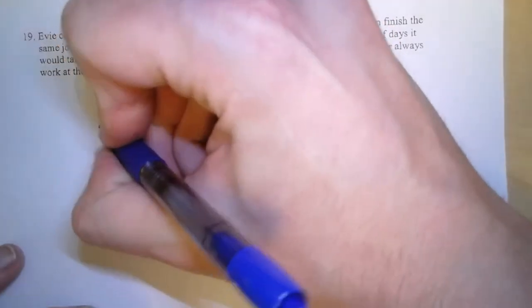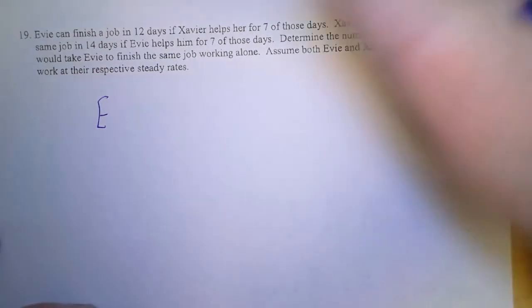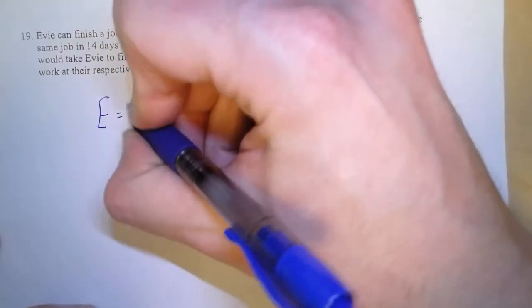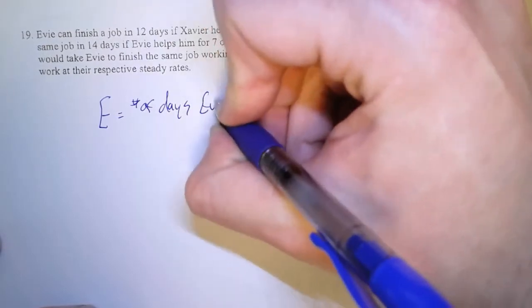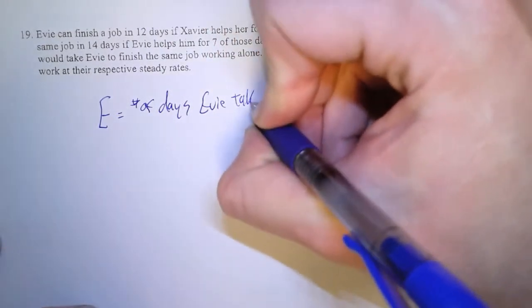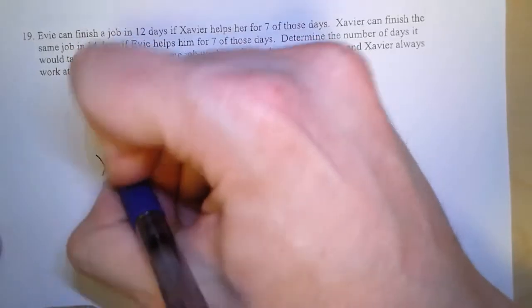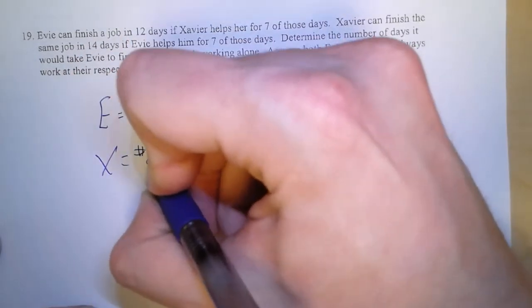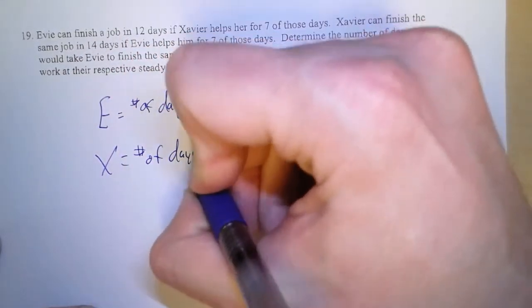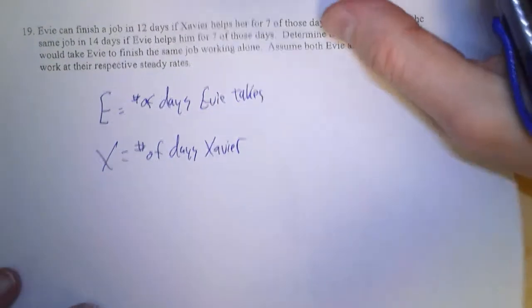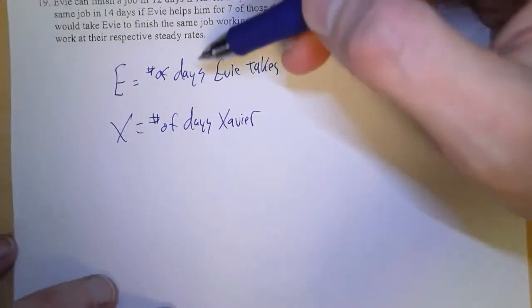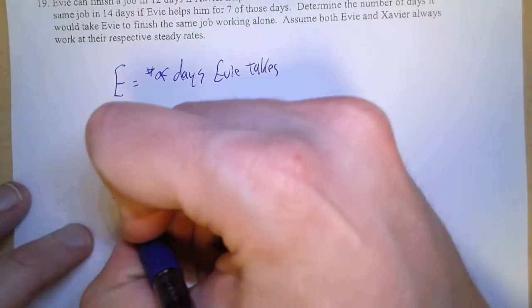So let's let E be the number of days Evie takes. And let's let X represent the number of days Javier takes. So, now what is 1 over E?